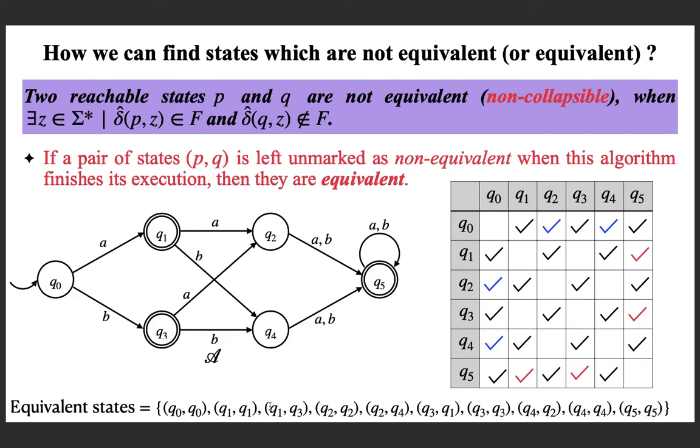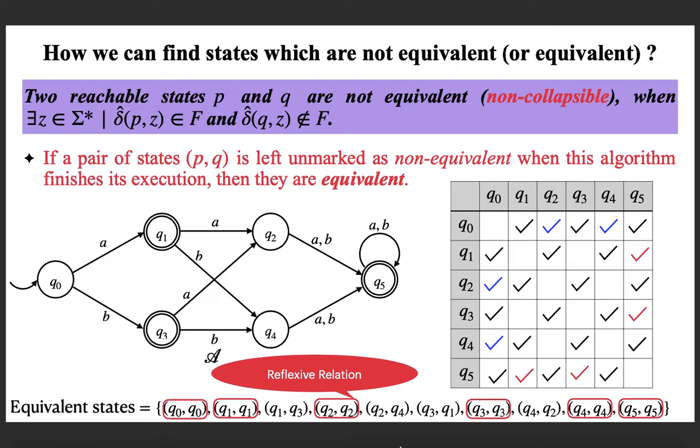And if you look at this set of pairs as a relation, you can verify that it is an equivalence relation. What is an equivalence relation? It is reflexive. You see Q0 Q0, Q1 Q1, Q2 Q2, Q3 Q3, Q4 Q4, Q5 Q5.